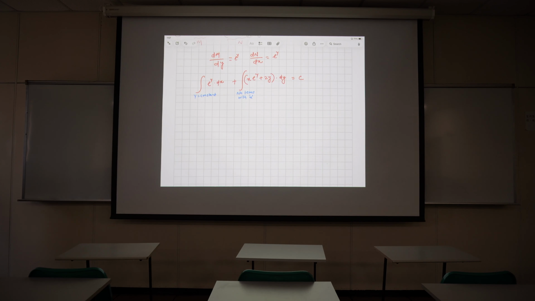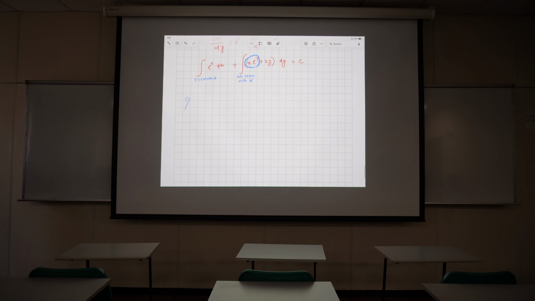That means I can rewrite this, particularly the first term, this term will be 0 because there is x. Yes or no? So we're left with only 2y.